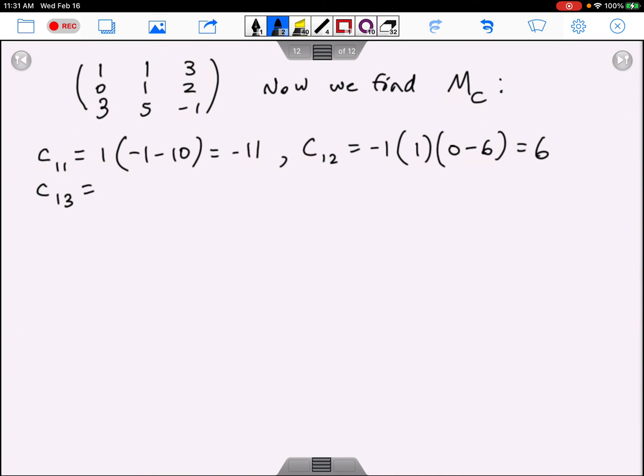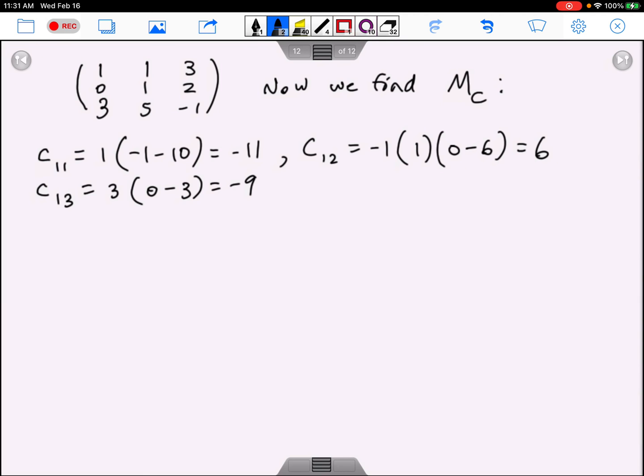Let's keep going. C13. We're going to delete that row, that column. We're left with 0 minus 3, and that guy is positive. So it's going to be 3 times 0 minus 3, which is negative 9. Oh, sorry. Did I do that right? Oh, I'm sorry, I'm not.